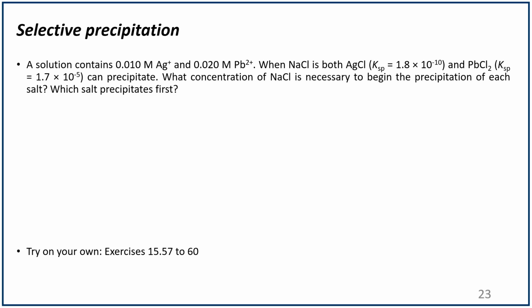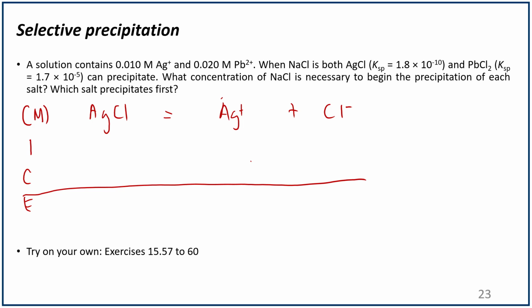Okay, so for this one, let's begin first with silver chloride. Remember that what we did before was to write an ICE table. So that should be molarity, and then silver chloride in equilibrium with silver plus and chloride ions in solution. We write here a concentration for silver, 0.010.